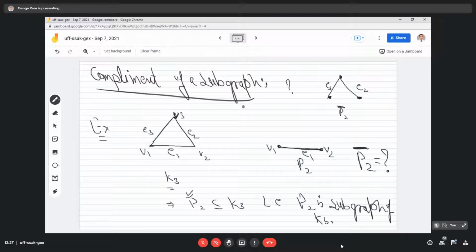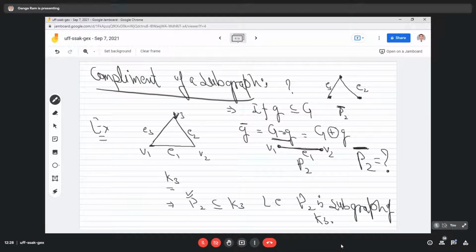Okay, I have a more general definition. We can say that if g is a subgraph of capital G, then the complement of g will be equal to basically G minus g, and it is nothing but the ring sum of g and G. Basically, it is the deletion of edges.